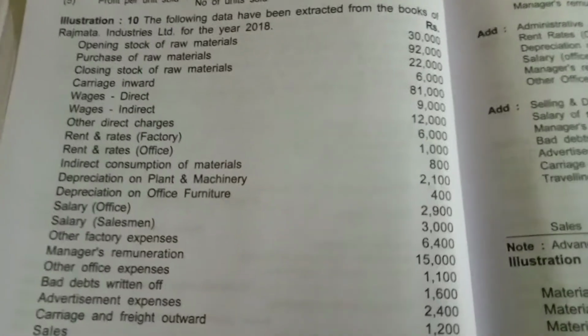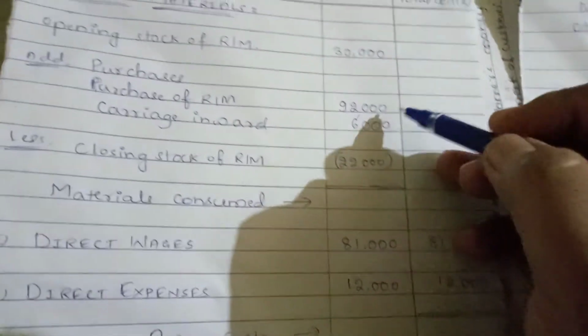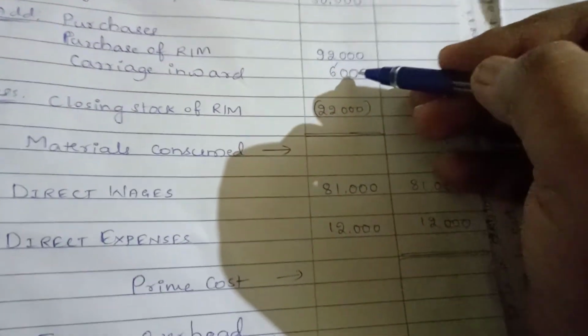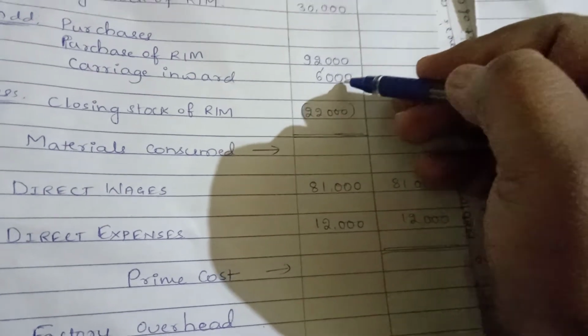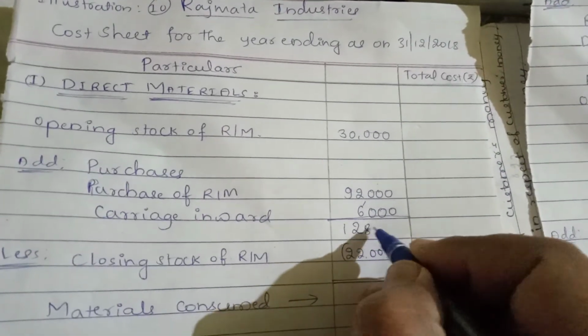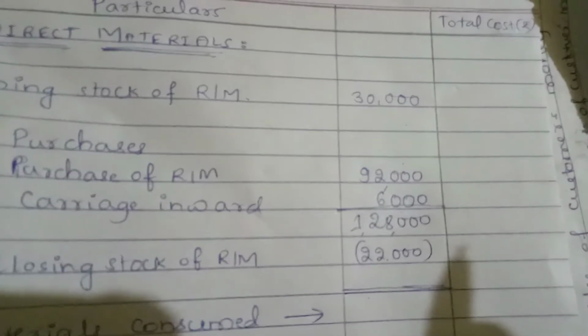Now you need to do the work of simple add and less. Take a calculator and do the subtotal of the inner column. Here, 30,000 plus 92,000 plus 6,000 gives us 1,28,000.